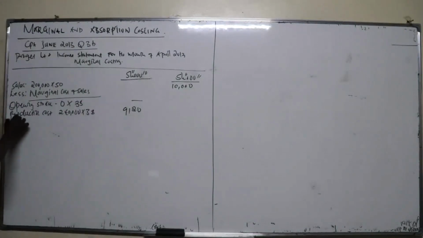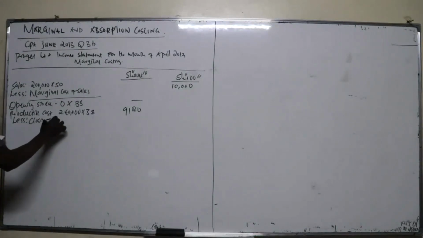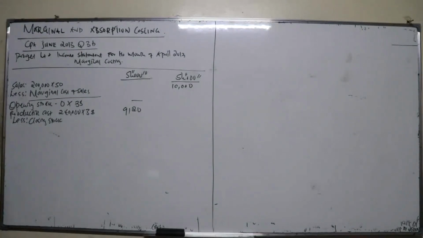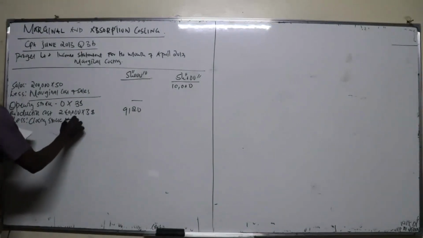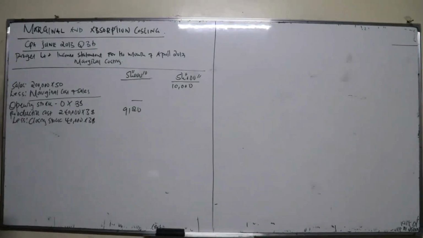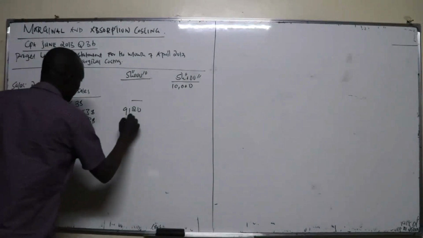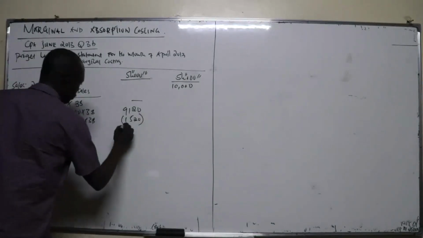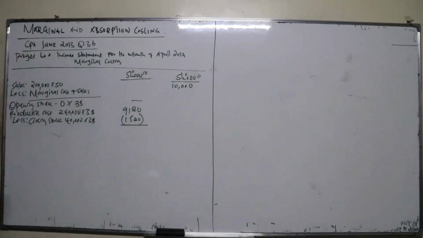And then you less closing stock. They produced 240, they sold 200, so they're retaining 40. Then you multiply by 38. What do you get? 1520. So you subtract this 1520, and then you get the marginal cost of sales there.